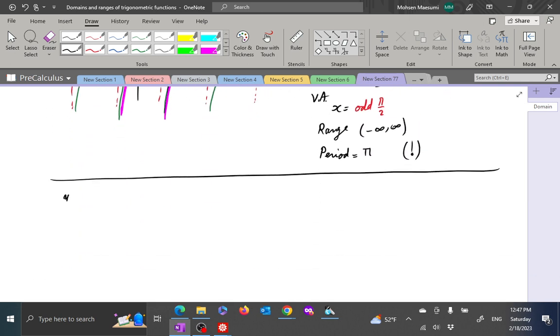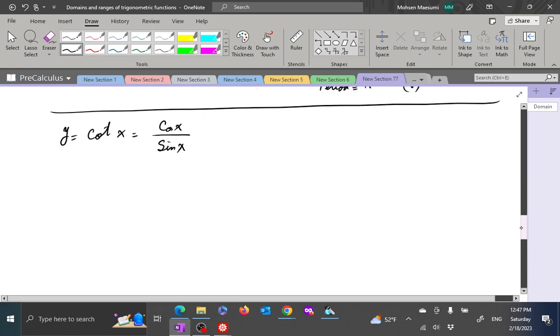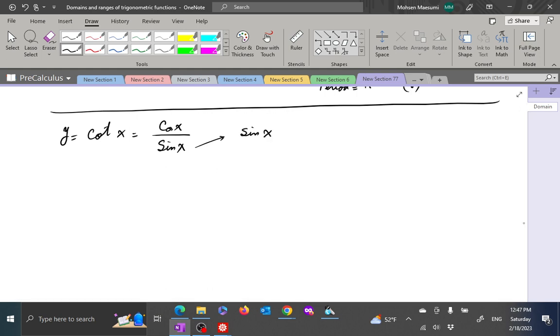So one more round of this thing. How about y is equal to cotangent of x? Well, that is cosine of x over sine of x. All the trouble spots are going to come from sine. If you say sine of x equal to 0, at those points you are going to have your vertical asymptotes.